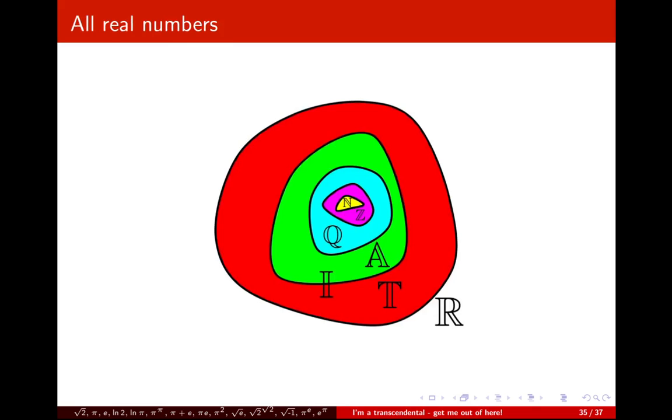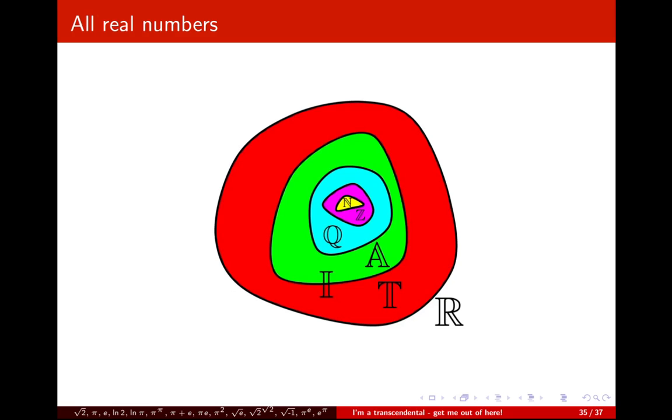So we've seen many examples of real numbers that are within the natural numbers, or within the integers, or within the rationals and the irrationals, and algebraic numbers, which are numbers that are solutions of polynomial equations, which include irrationals like √2, but also rationals and integers and natural numbers.